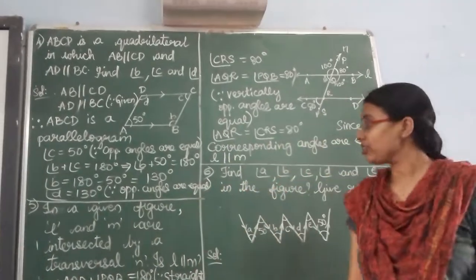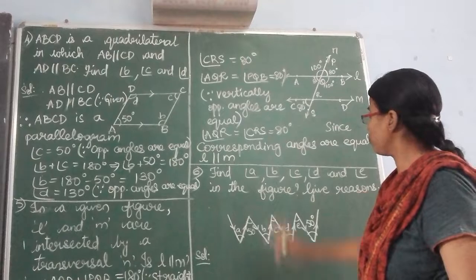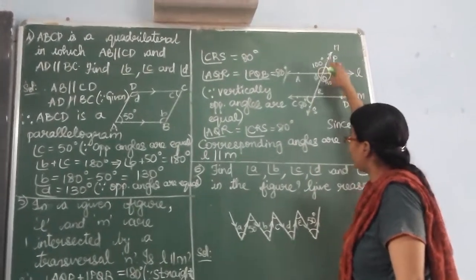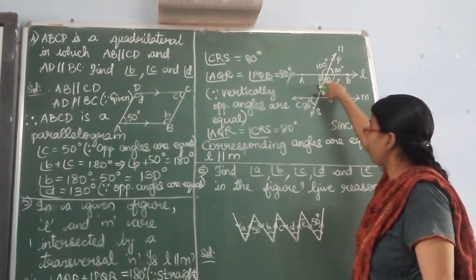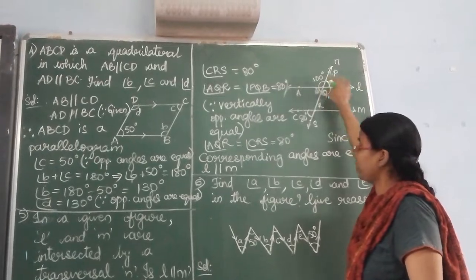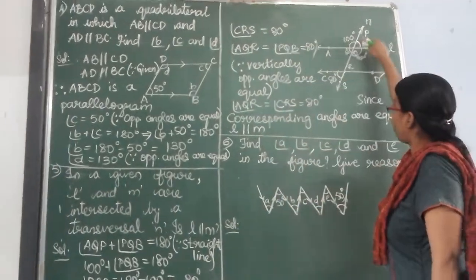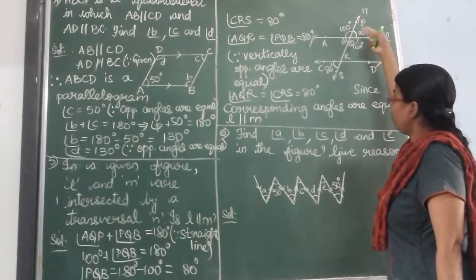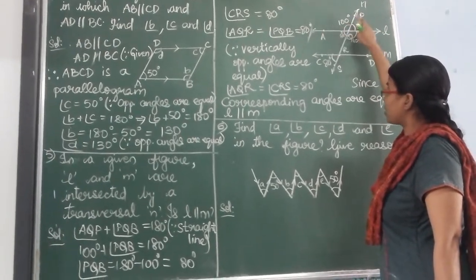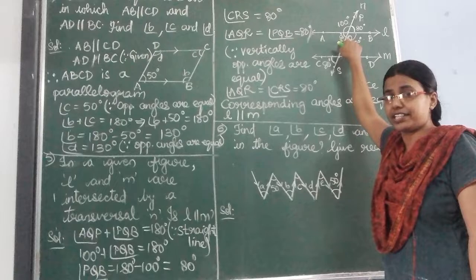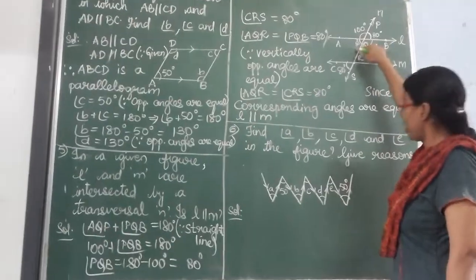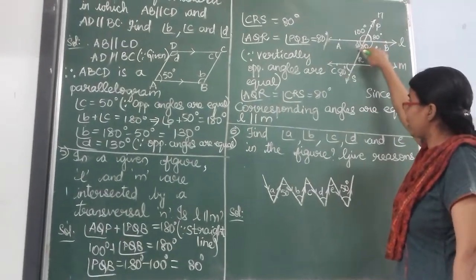Understood this problem? What did we do? First we have found out the value of this part. How did we find? We have taken the straight line, considered it is equal to 180 degrees. Then we found out this angle. Then we know that vertically opposite angles are equal. So this we got as 80 degrees. Then we have seen that this angle and this angle are same.